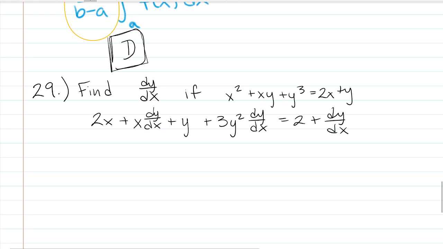Yeah. So now I'm going to try to gather all of my dy dx's on one side and all of my terms that don't have dy dx on the other. Oh, just derive it as it is. It doesn't matter. Just find the derivative part first and then move it around from there. Because you're more likely to make a mistake in moving the y's over first and then deriving, rather than deriving first and then moving.